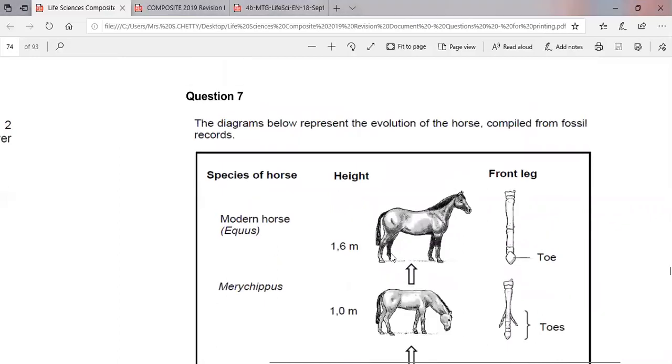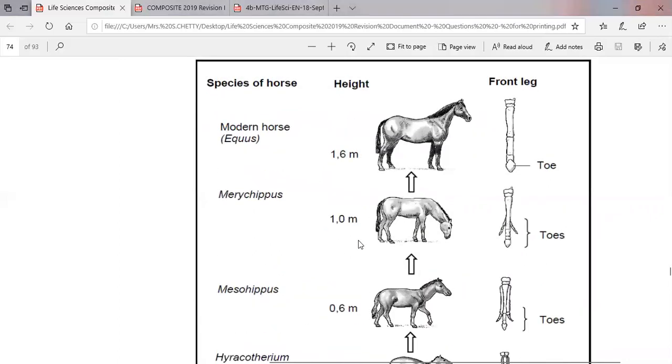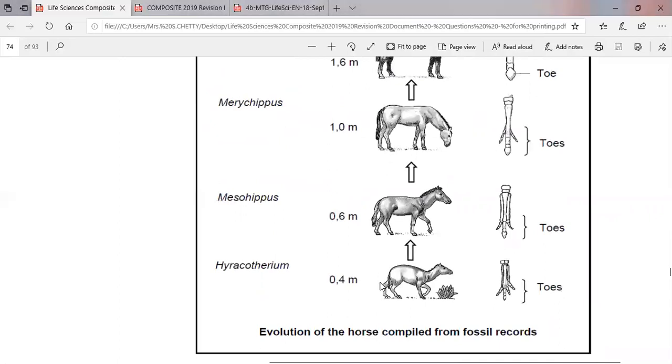You do know horses didn't look so gorgeous as they do in modern day times, my darlings. This is a modern horse. The diagrams below represent the evolution of a horse compiled from fossil records. This is what it appeared like: 0.4 meters tall, like 40 centimeters tall, babies. 40 centimeters, just a ruler and a bit, and 10 centimeters more.